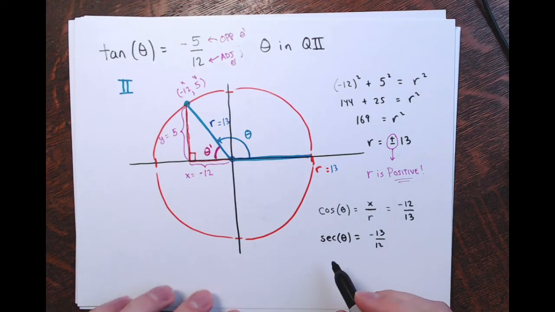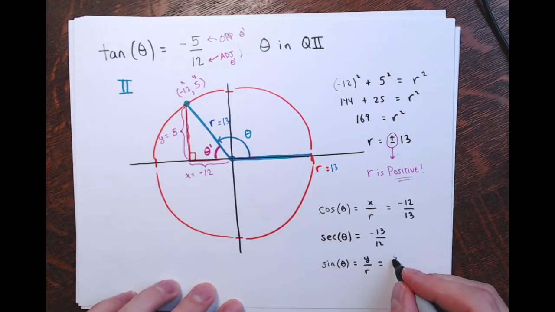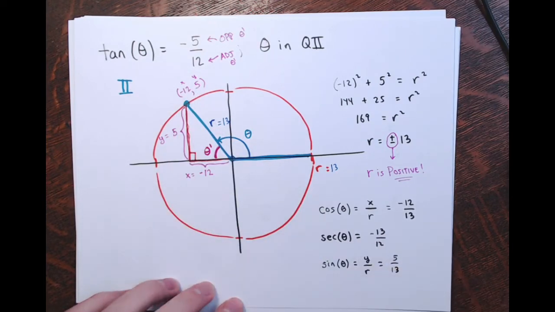The sine of theta is the y-coordinate of your point on the circle divided by the radius of the circle. The y-coordinate is 5, the radius is 13, positive 5/13.